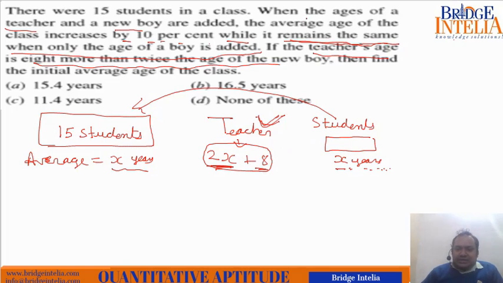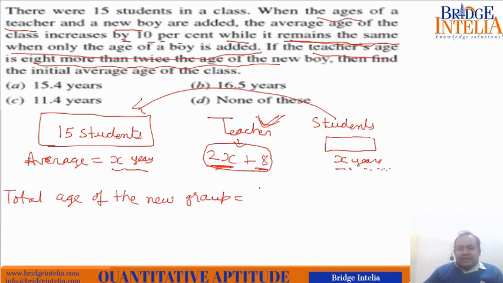Now coming to this line: when the ages of the teacher and new boy are added, the average age of the class increases by 10%. Let us consider that both teacher and student join the group. The total age of the new group is equal to the old group plus teacher plus boy.